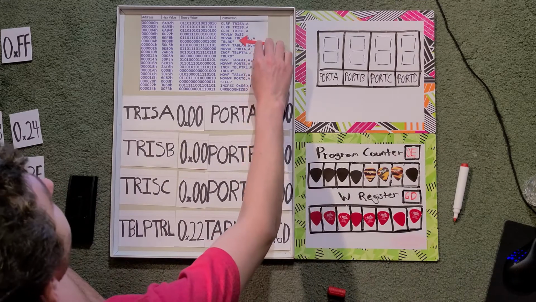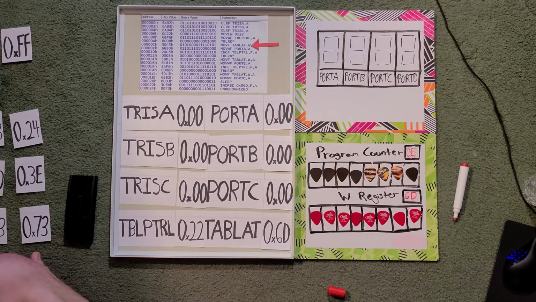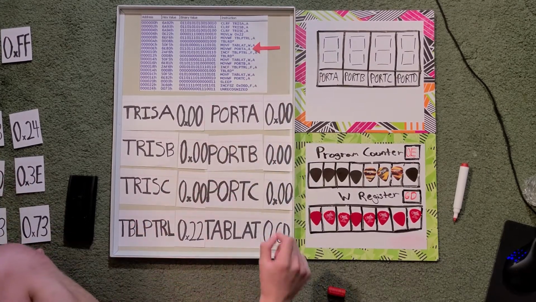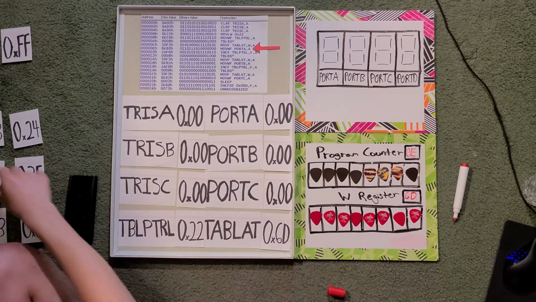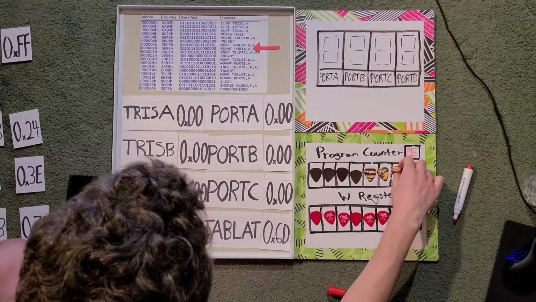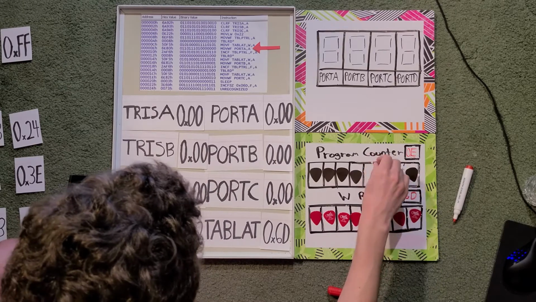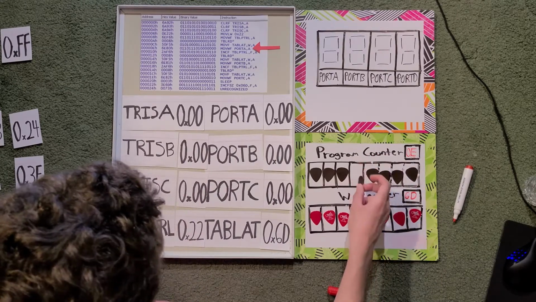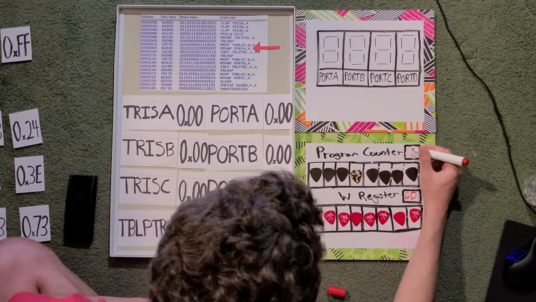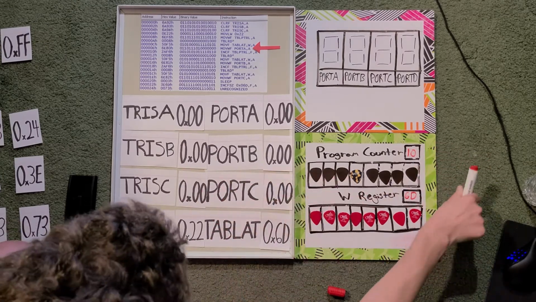I'm going to go down to move port A. So we're going to move value 6D. First, we're going to increase the program counter to hex 10. W register stays the same.